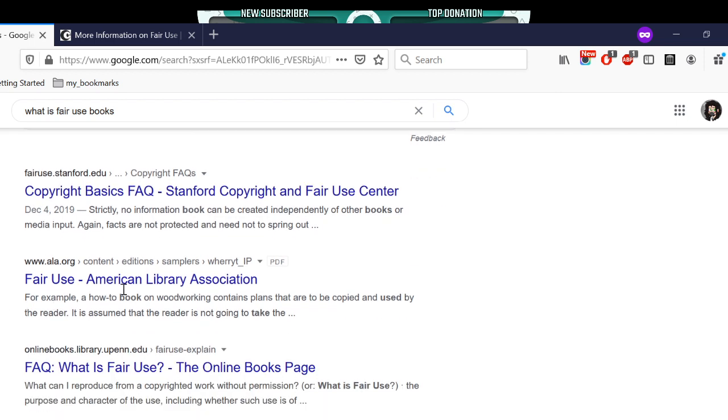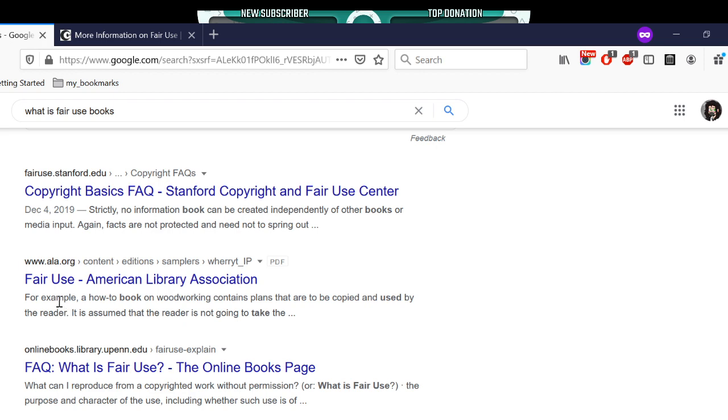Fair Use, American Library Association. Aha. I know for a fact, and maybe I am a little bit biased as a librarian, but ALA puts in a lot of legwork into making sure that we librarians can understand the law, and what we are not allowed to do as far as programming and acquiring stuff.